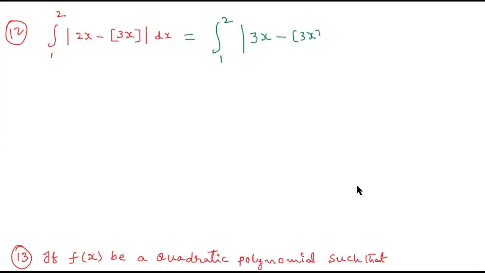This is the step function. Now subtract x: 3x minus x means we get 2x. Now 3x minus step x we can write as floor of 3x, so floor 3x minus x modulus dx.